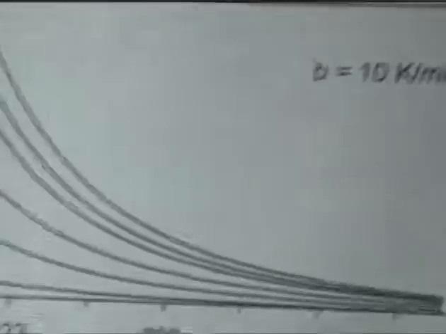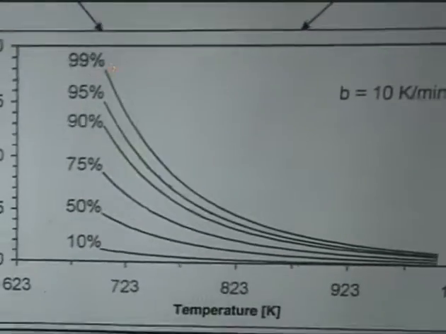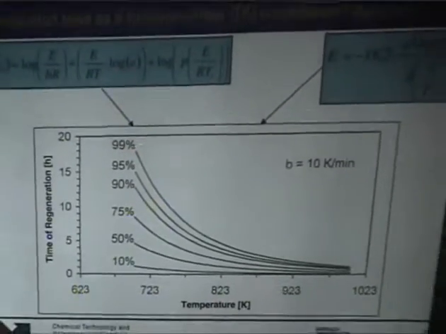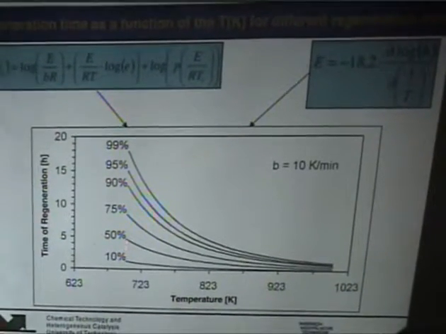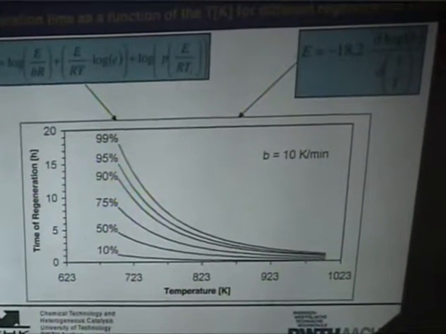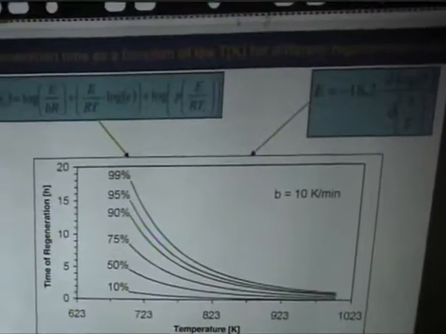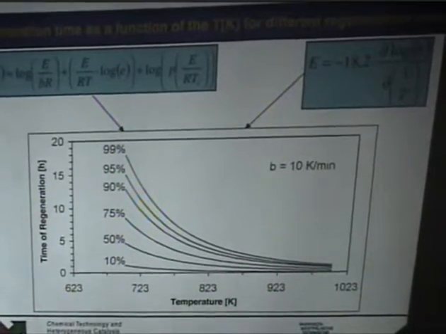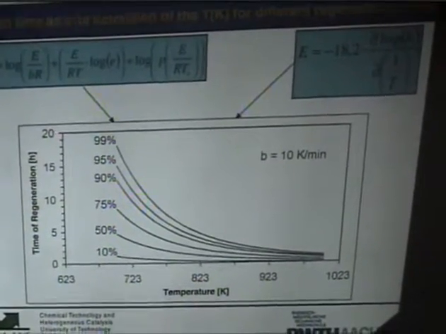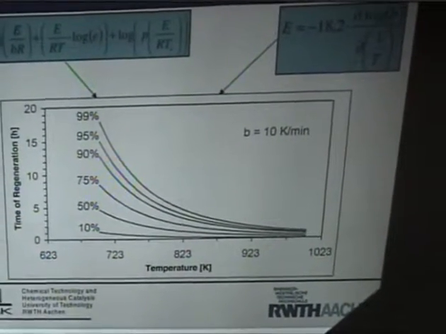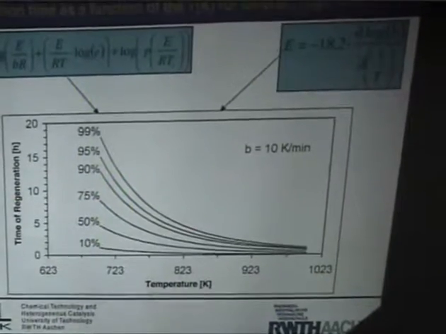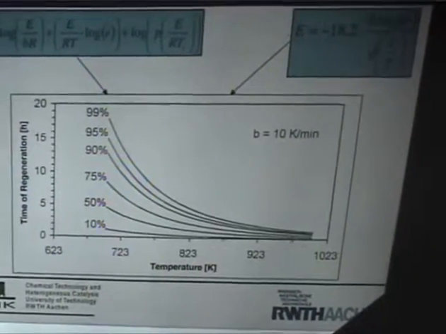As you can see here, when we want to have some regained activity back, we can work either at 680 Kelvin for 20 hours, or we can do it at 820 Kelvin for about 5 hours.